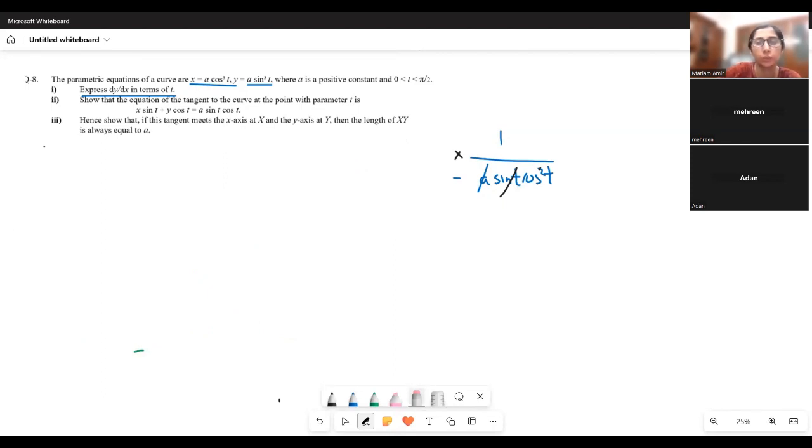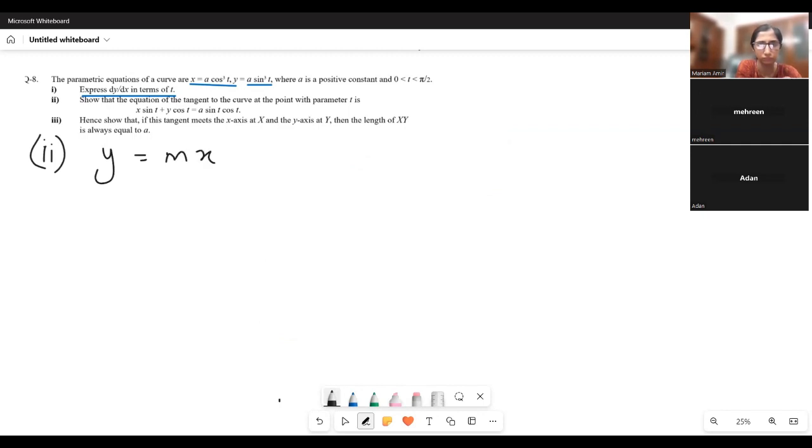So now you have to find the equation of tangent to the curve. The equation of tangent is y equals mx plus c. So y equals, m came out to be minus tan t, x plus c. Now you have to show that this simplifies to this.